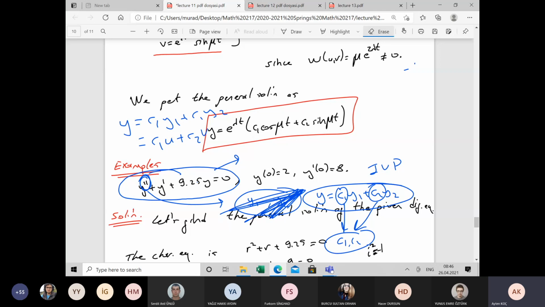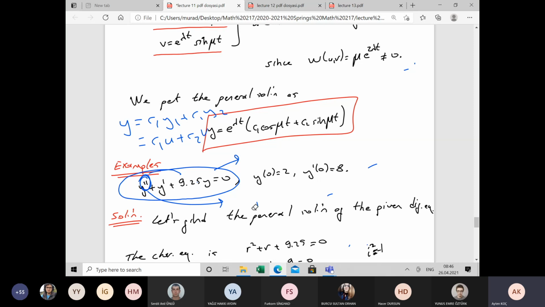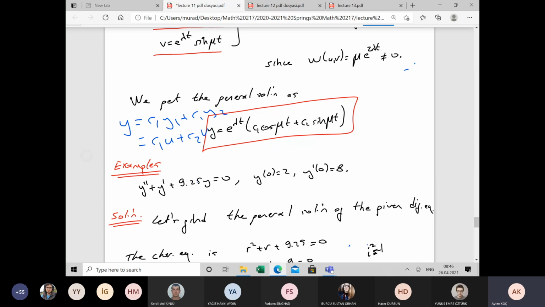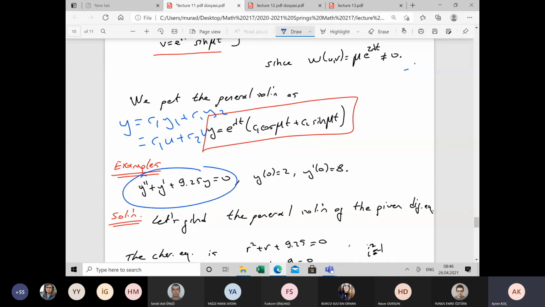Then we obtain a linear system with two equations and two unknowns. So if our differential equation is second order, this initial value problem has two initial conditions. Let's solve this differential equation, first step.